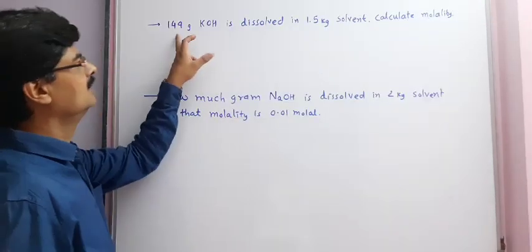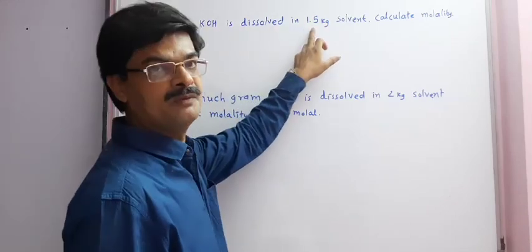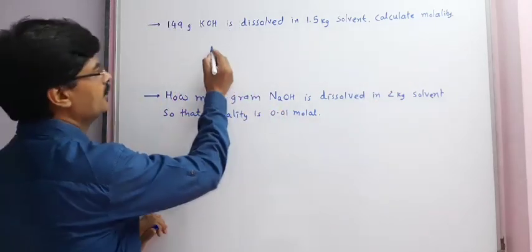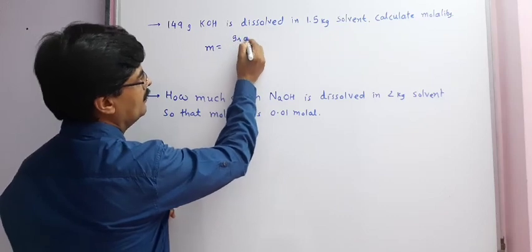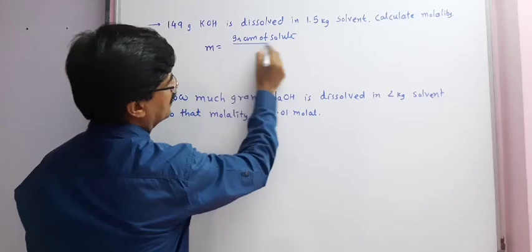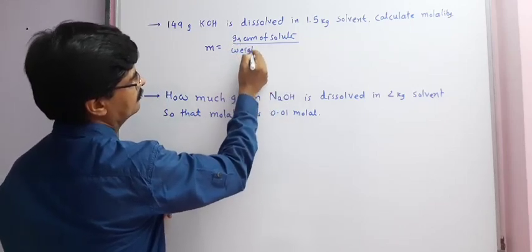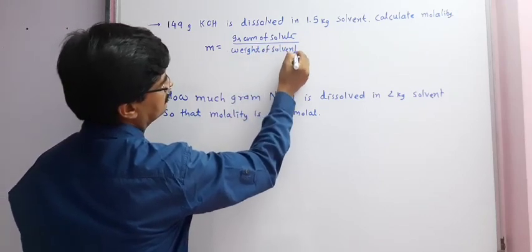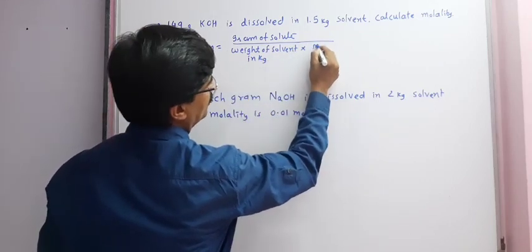In the next sum, 149 gram KOH is dissolved in 1.5 kilogram solvent. Calculate molarity. Molarity is equal to gram of solute upon weight of solvent in kilogram into molecular weight.